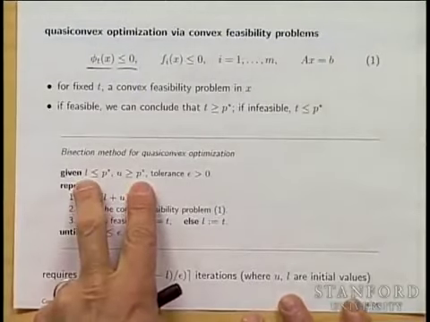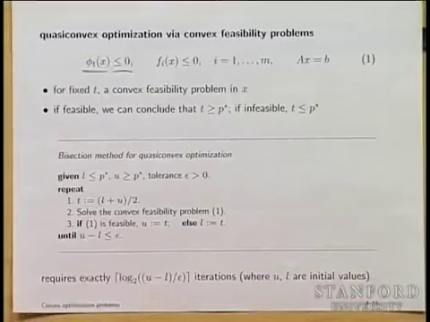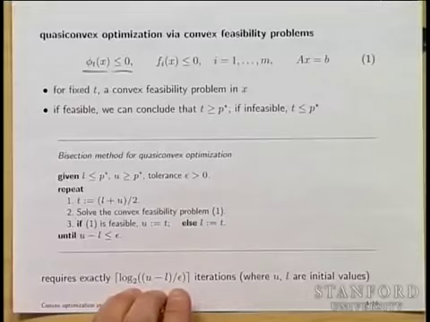So you start with a known upper and lower bound on p star, and you simply query at the midpoint of your known upper and lower bounds, and you solve the convex feasibility problem. And this is just bisection. Every time you do this, you end up with 2 points, an L and a U. For u, you have an x that has f0 of x less than or equal to u.